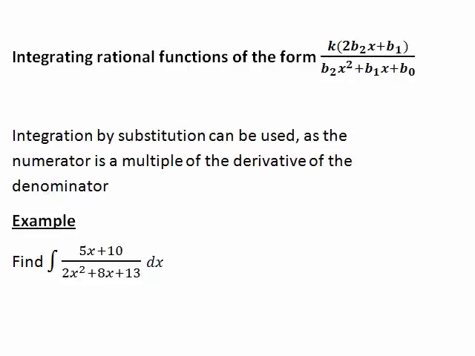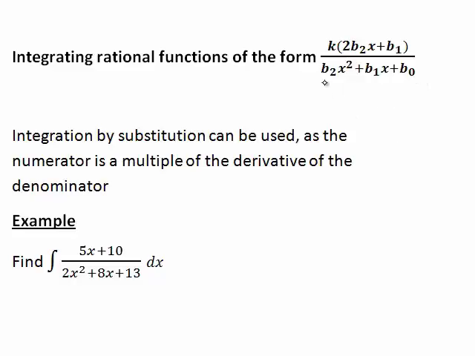In this recording, we shall look at integrating rational functions that are a linear function divided by a quadratic function in the special case where the linear function on the numerator is some constant multiple of the derivative of the quadratic function on the denominator.